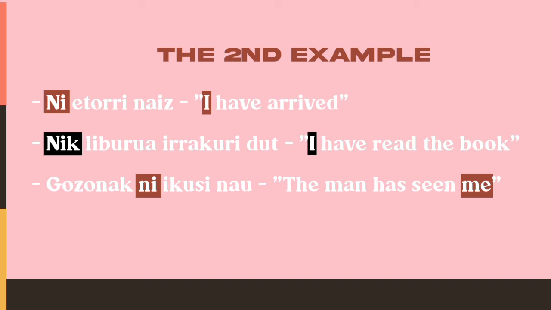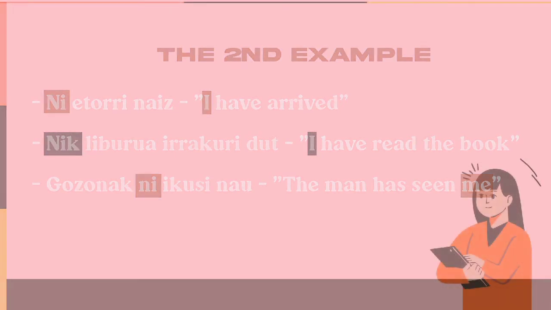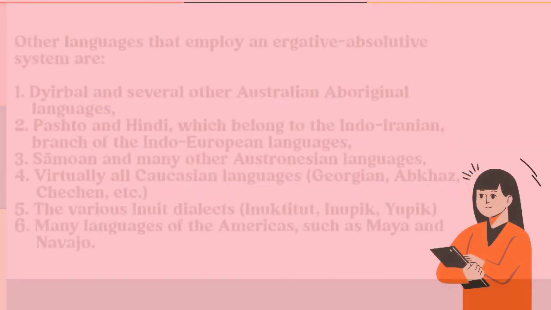So for example, "ni etori nais," which means "I have arrived," and then "nik liburua irakuritat," or "I have read the book," and then "gizonak ni ikusi nau," which means "the man has seen me." So those were the two examples from Ergative Absolutive language.